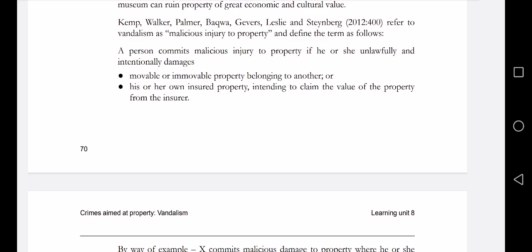A person commits malicious injury to property if he or she unlawfully and intentionally damages movable or immovable property belonging to another, or his or her own insured property, intending to claim the value of the property from the insurer.